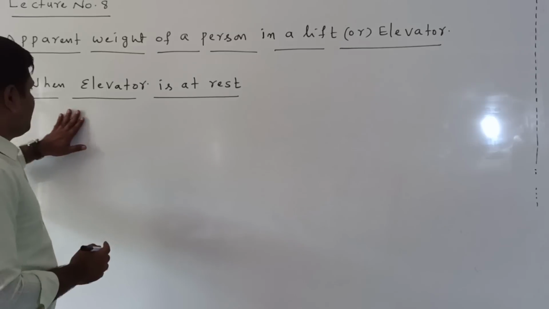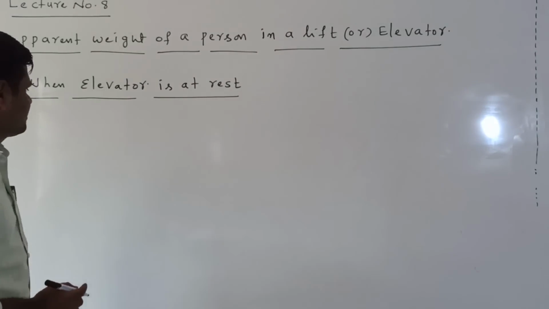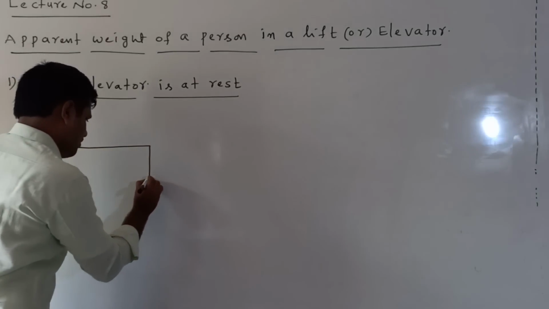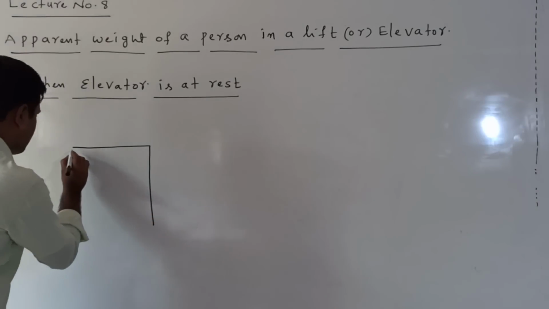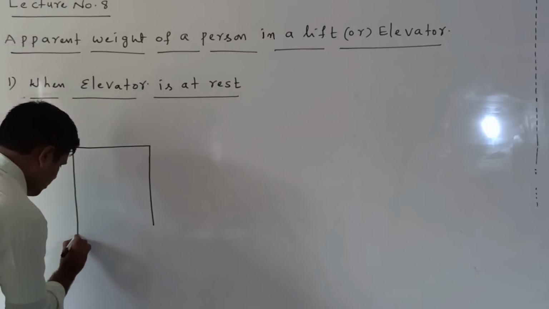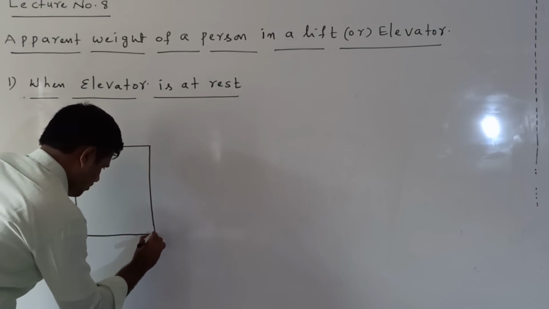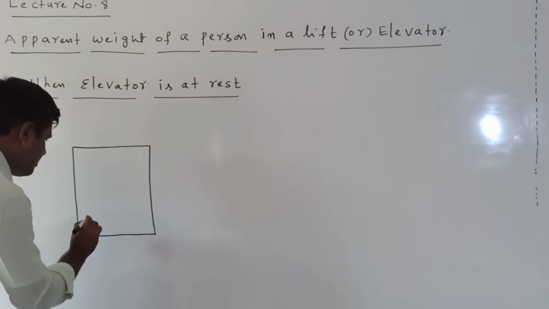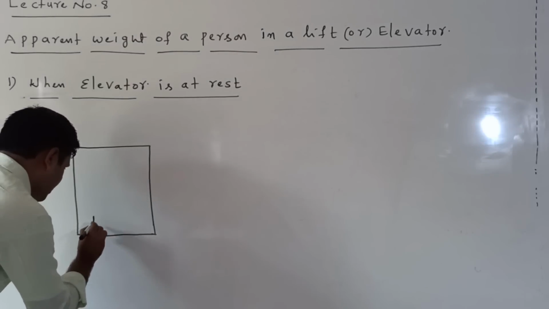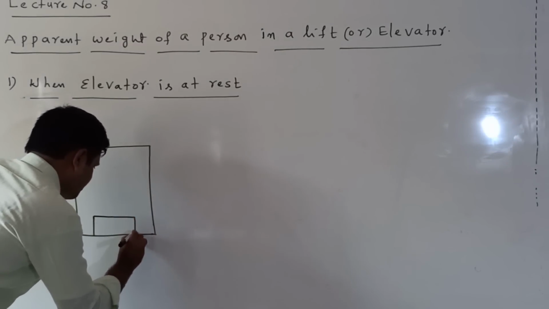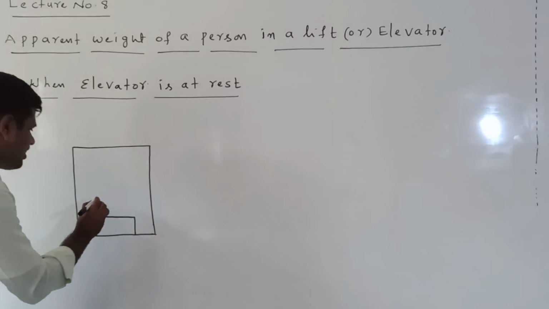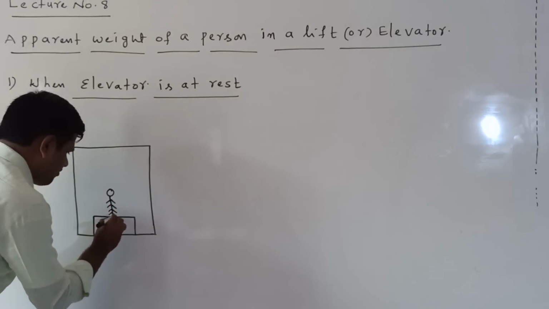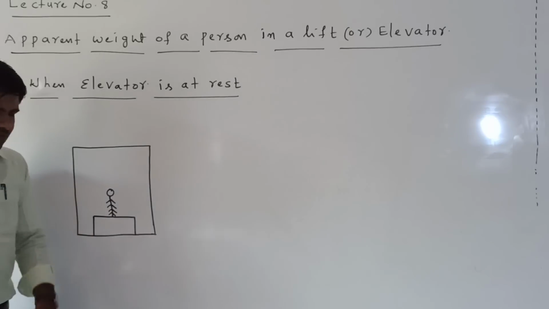Suppose we take this as the elevator. Inside the elevator, we place one weighing machine, and on this weighing machine the person is standing.